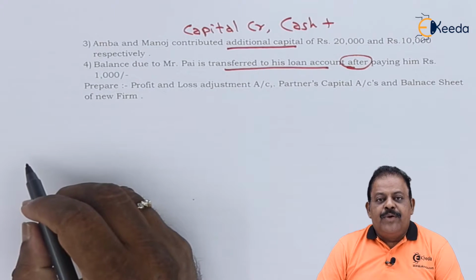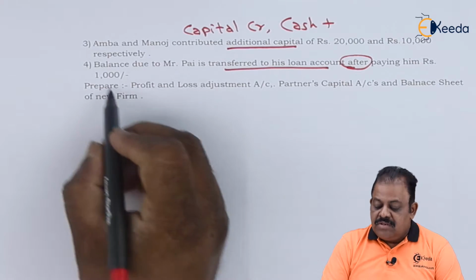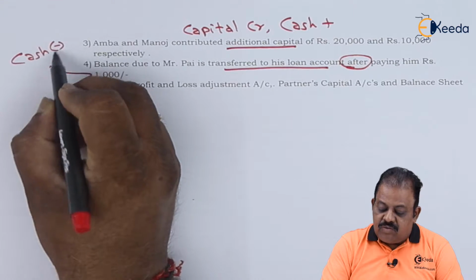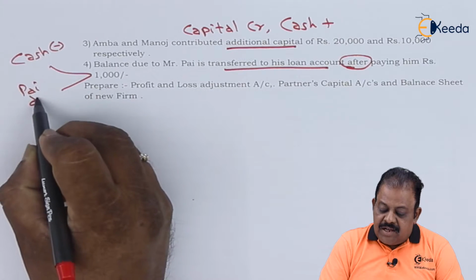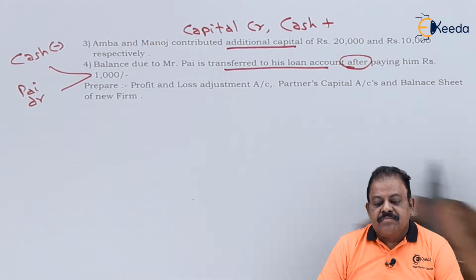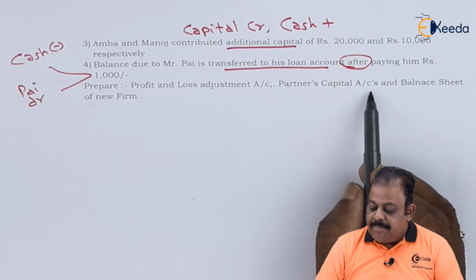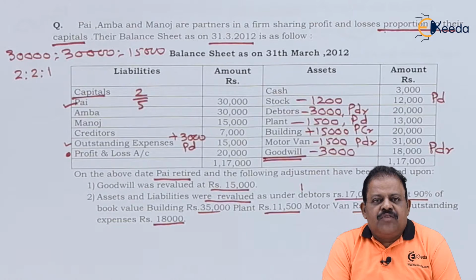Means the amount due is partly paid in cash and the balance is transferred to loan account. This 1,000 paid in cash we will have to deduct from the cash account, and the second effect will be Pai's capital account debit. Prepare profit and loss adjustment account, partners' capital accounts and balance sheet of the new firm. Let us start with the postings.